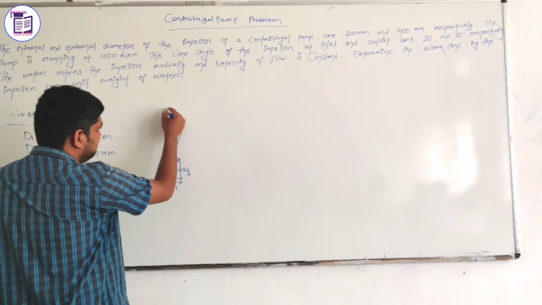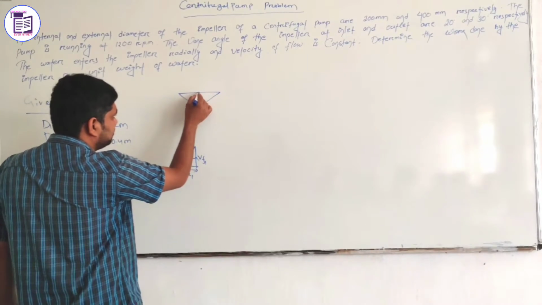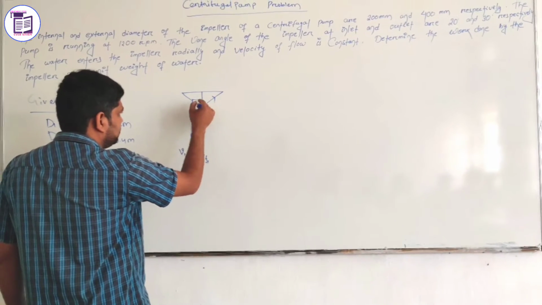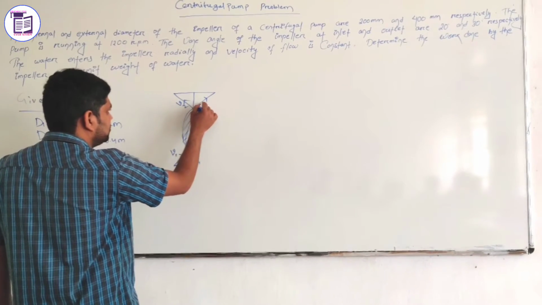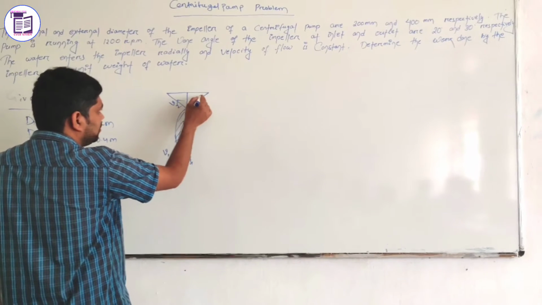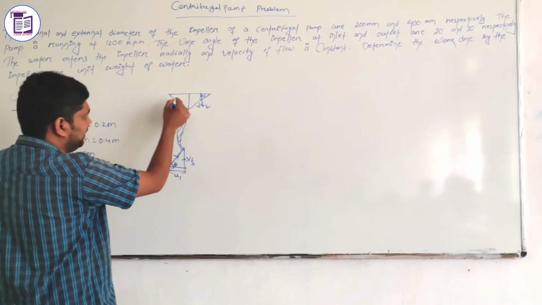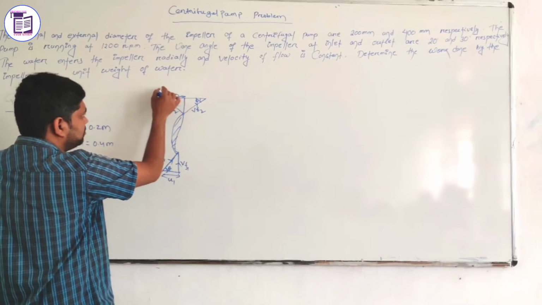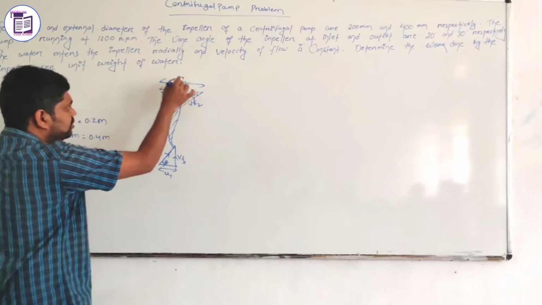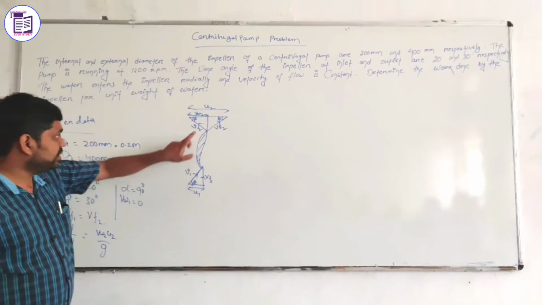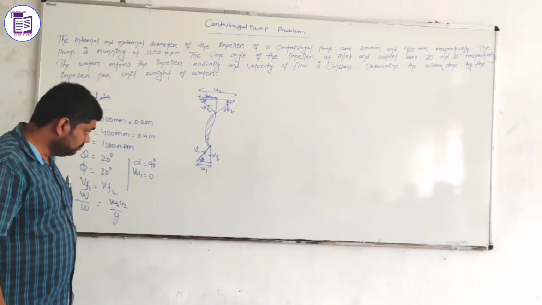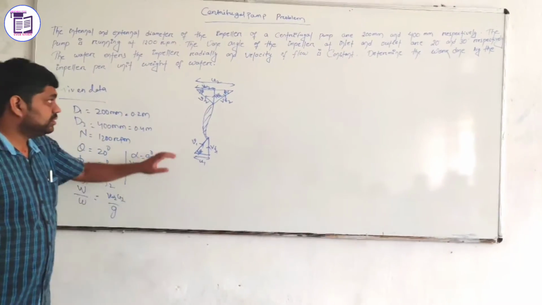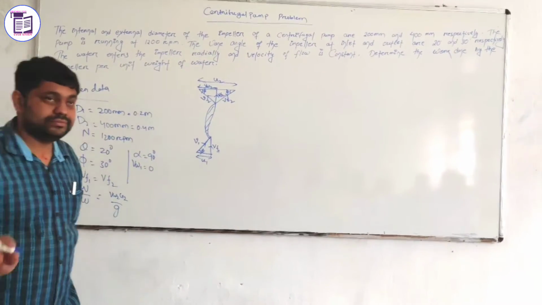Similarly, draw this. This is phi at outlet. This is beta. This is Vw2. Here we have V1, Vf1, U2, Vw2, V2, and Vf2. So here is your triangle.